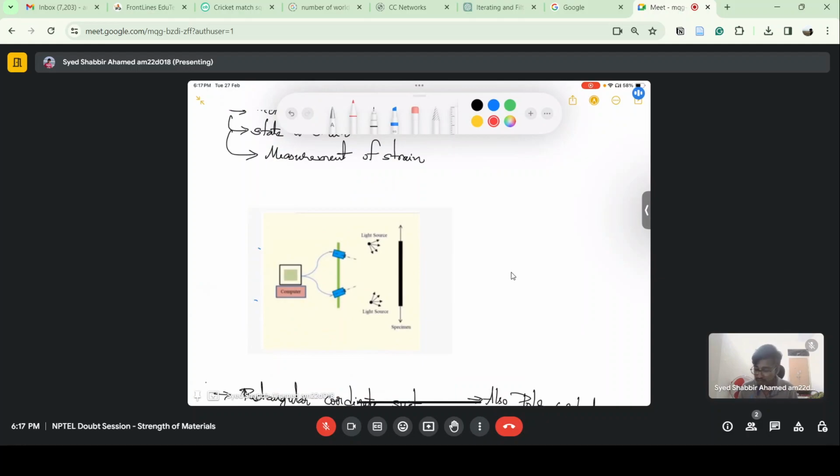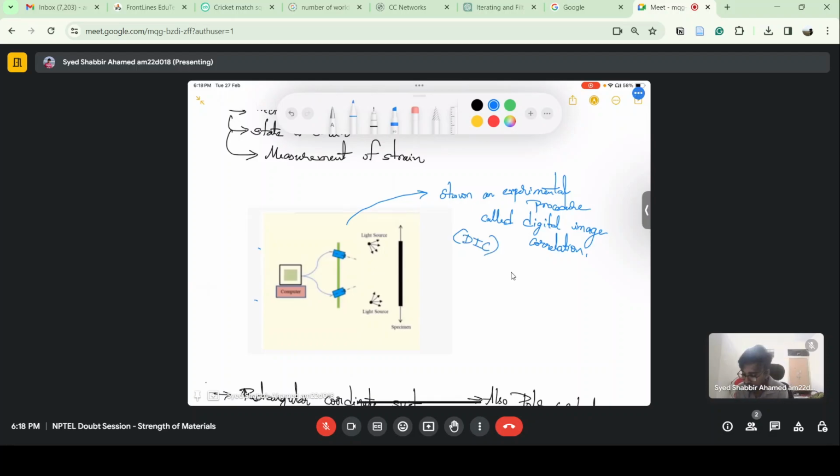And in this diagram, if you have watched the lecture, you can see an experimental procedure called digital image correlation, or simply DIC.